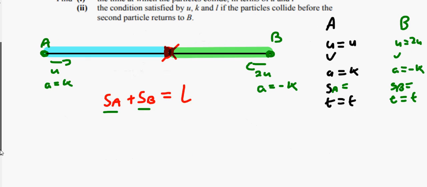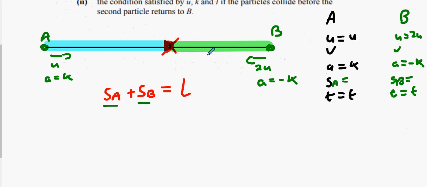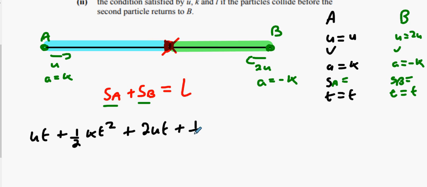So, S equals UT plus a half AT squared. It's going to be U times T for SA plus a half AT squared. That's great. SB is going to be 2UT plus a half minus K T squared equals L. What cancels?